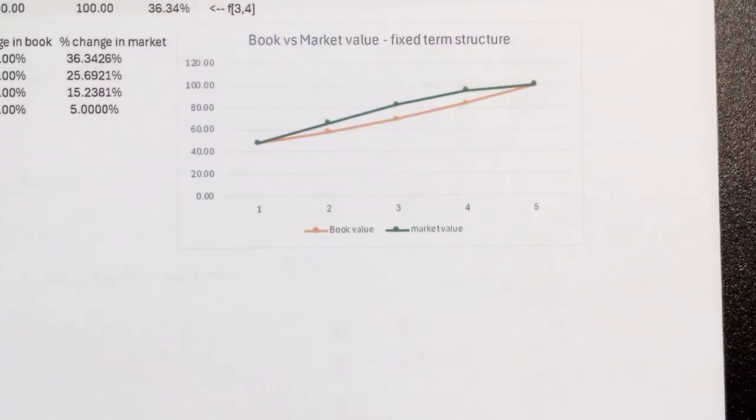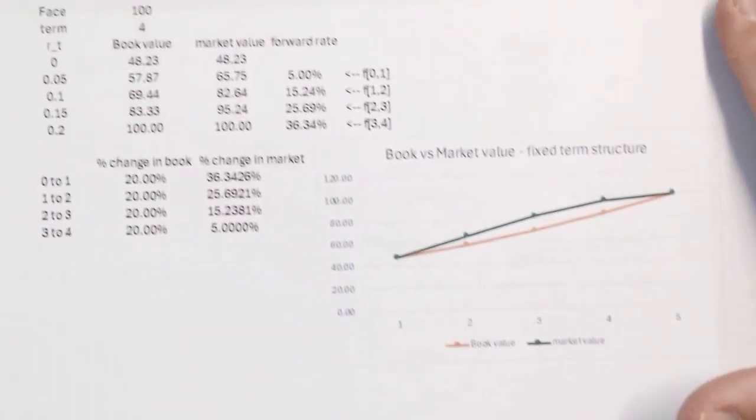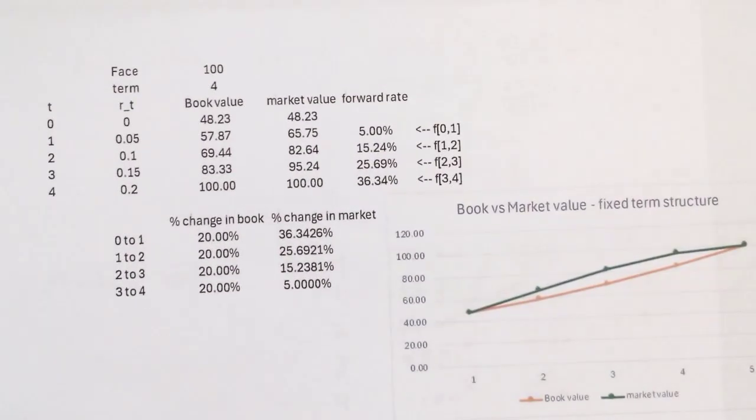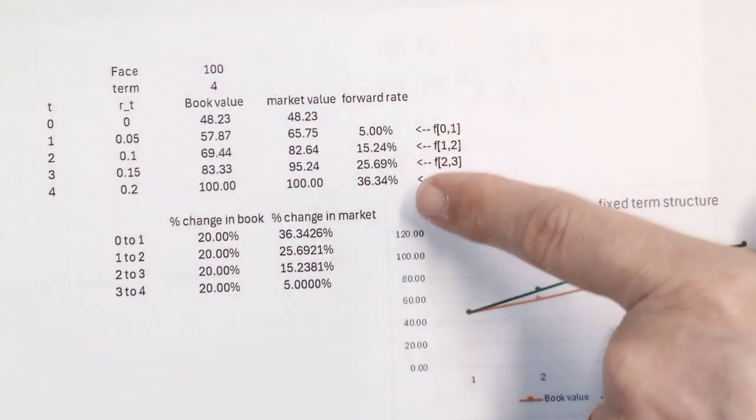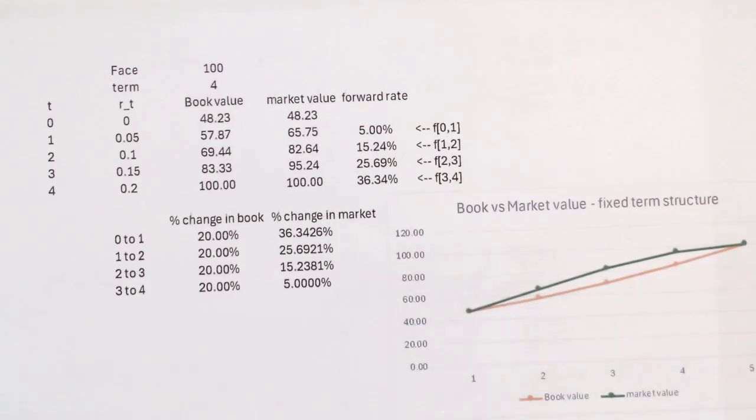And the reason this is happening is because the term structure stayed the same as we moved forward. It didn't evolve or change in a fashion consistent with the forward rates. If I go through and compute forward rates based on this term structure, using the calculations we did in the last chapter, you'll see these numbers are exactly the reverse of these numbers.